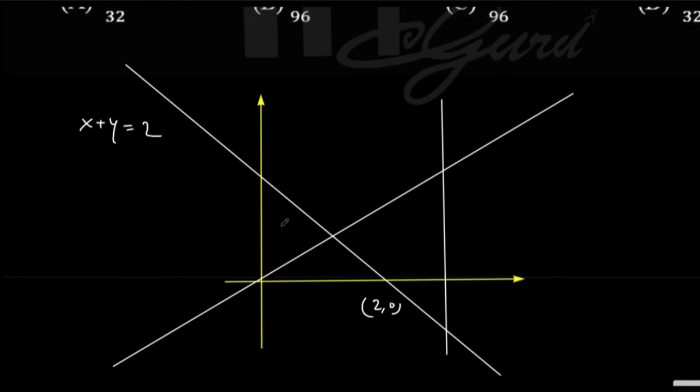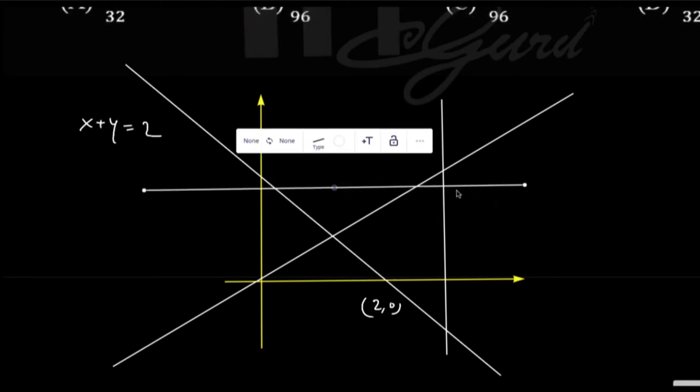And let's say there is another line, y equal to 1, that we have to draw. But if you draw y equal to 1, then this will disturb the picture because this line is here, that is x equal to 3y.